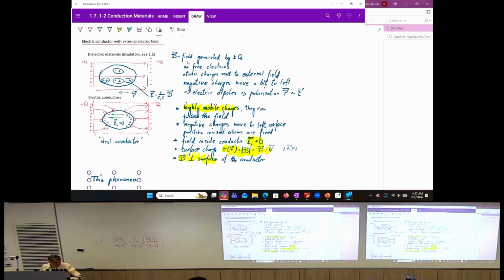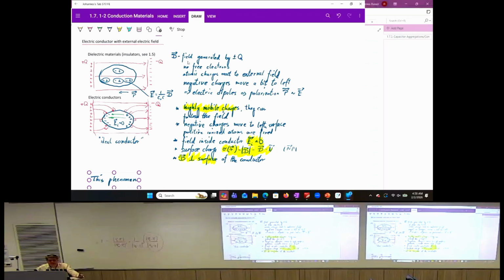So for the electric conductor, you see that the charges have this high mobility, and for that they compensate for any electric field that attempts to build up in this conductor. It will be immediately compensated by the charge redistributing. And for that reason, in the electrostatic case, you have the electric field completely pushed out of the conductor.